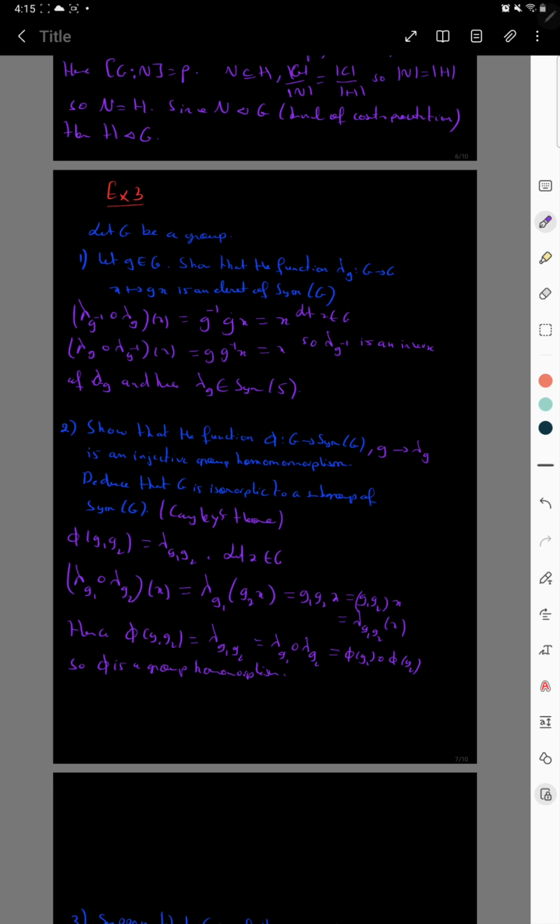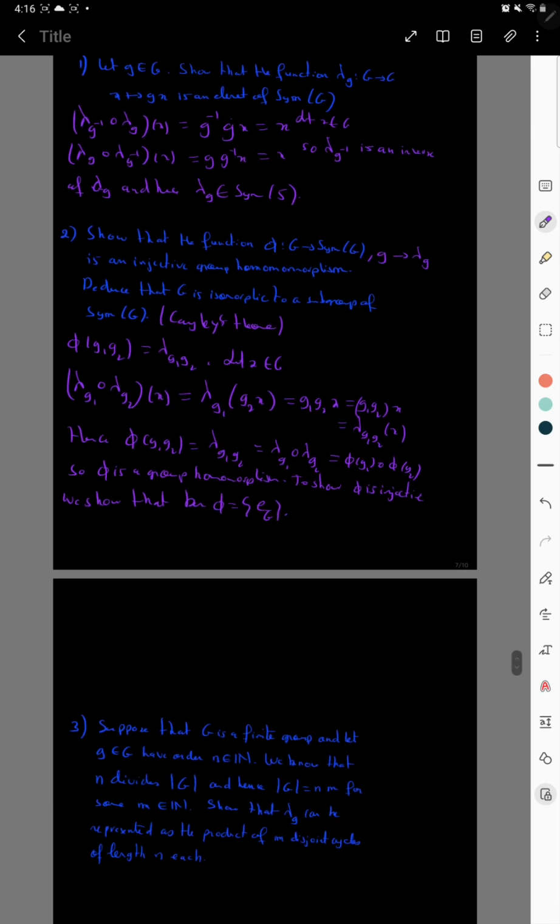Now to show that phi is injective, let's look at the kernel of phi. We remember that a homomorphism is injective if and only if the kernel is the identity. Okay, let's do this. Let g be in the kernel.